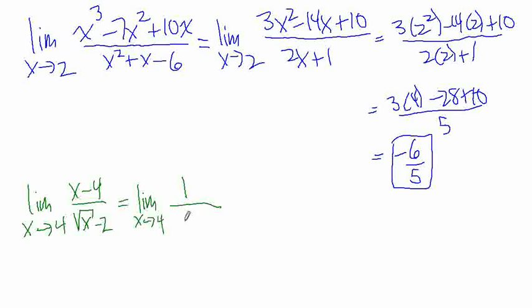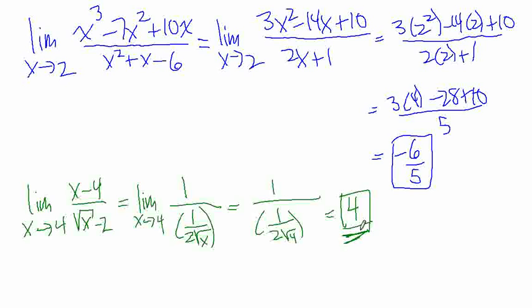Taking the derivative of the bottom, you can use the power rule, or you can write it in this equivalent way. You'll see that the power rule gives you that expression for the derivative of the bottom. Now it's continuous, so we can plug in 4. So we get the inverse of 1 over 4, which is 4. All right, there you go.